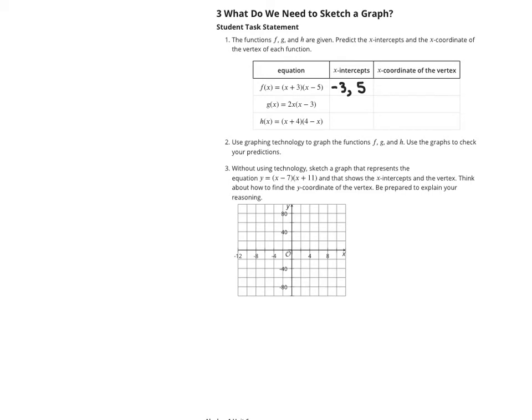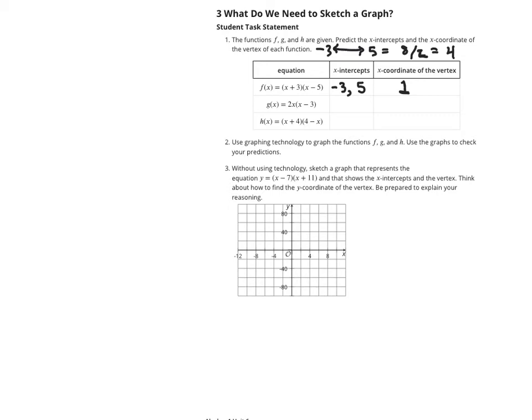The distance from negative 3 to 5 is 8. Half of 8 is 4. So I want to go halfway in between negative 3 and 5, which is going to be a value of 1.